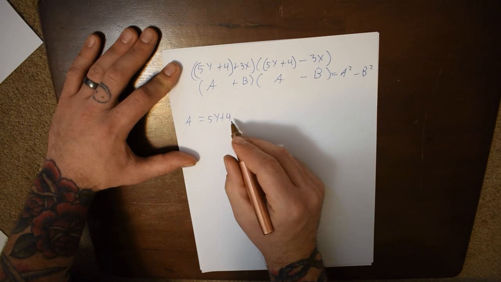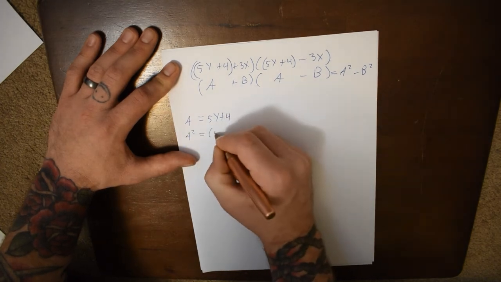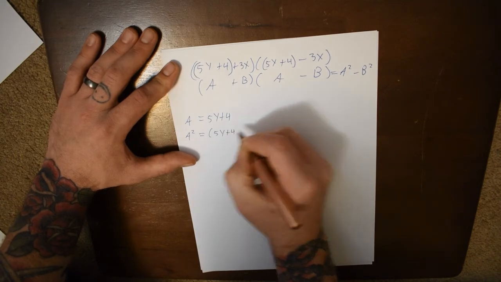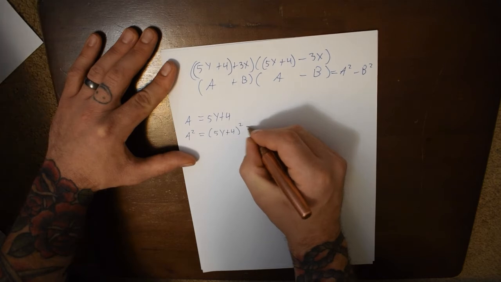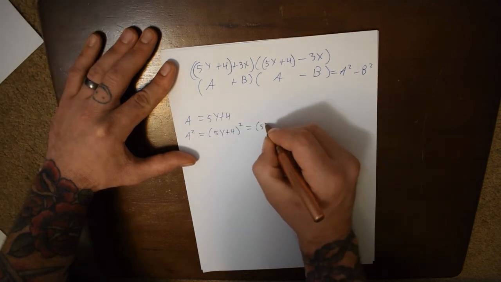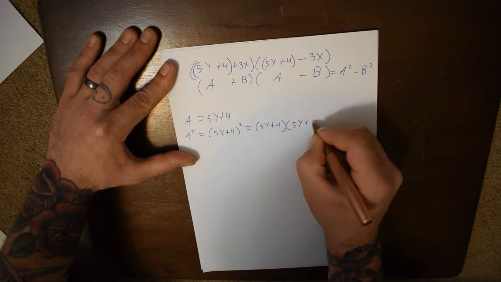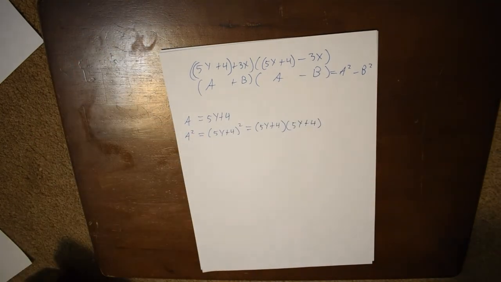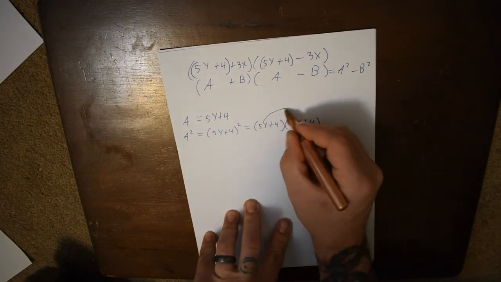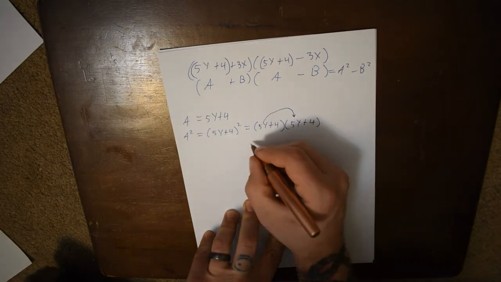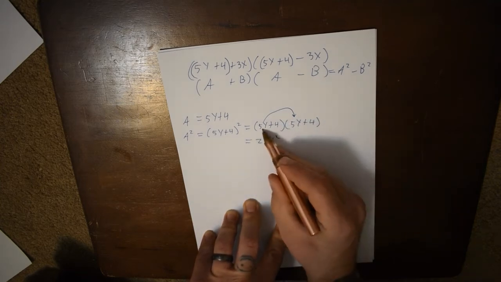If a is equal to 5y plus 4, that means a squared has to be equal to 5y plus 4 squared, which is the same as 5y plus 4 times 5y plus 4. And let's use the distributive property. Let's use FOIL. We'll do first: 5y times 5y is equal to 25y squared.